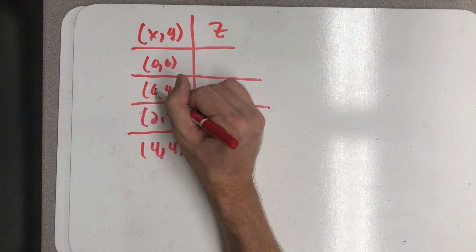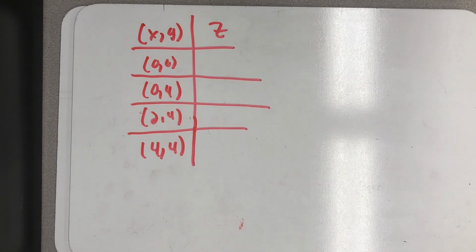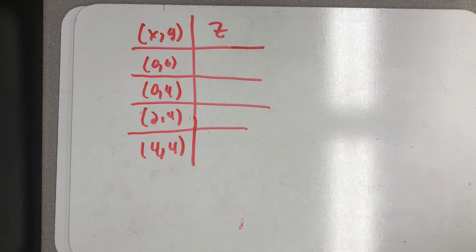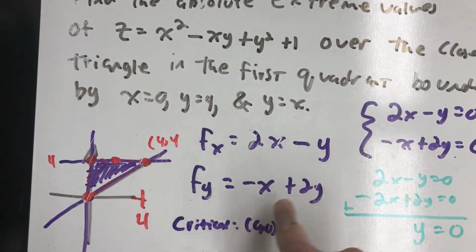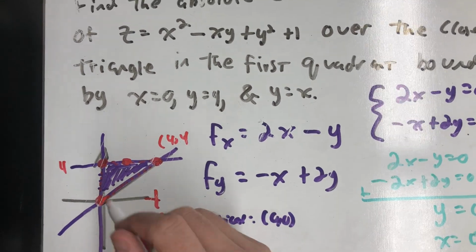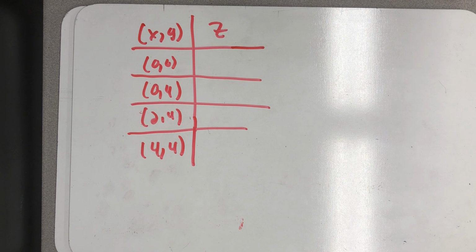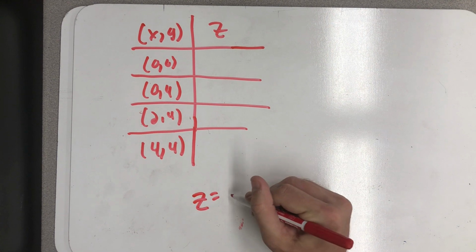The 3 corners of my triangle and the 1 critical point over a boundary element that I found. The only other possibility I could have had was some place where my partials were equal to 0 on the inside. And this example just doesn't have that. All right, so now I need to plug those ordered pairs into my original function to evaluate the z's.